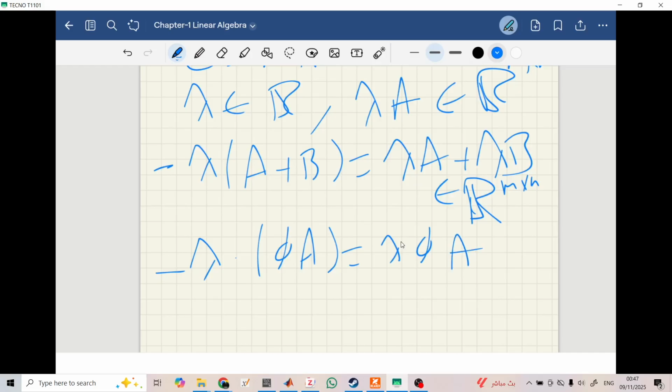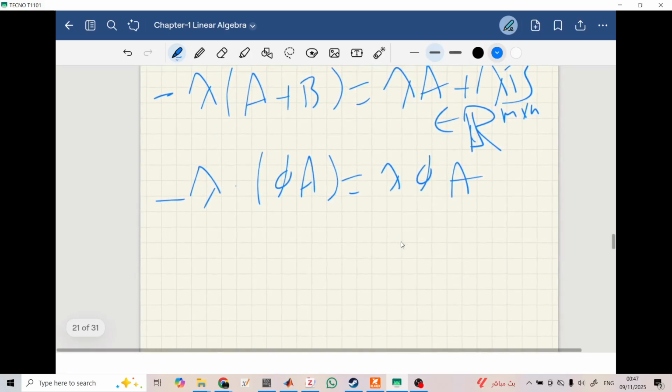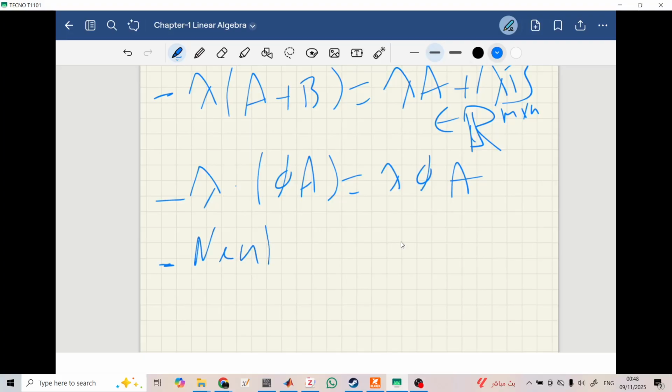And the neutral element for the multiplication is lambda equals 1, the same thing, so it's a vector space.